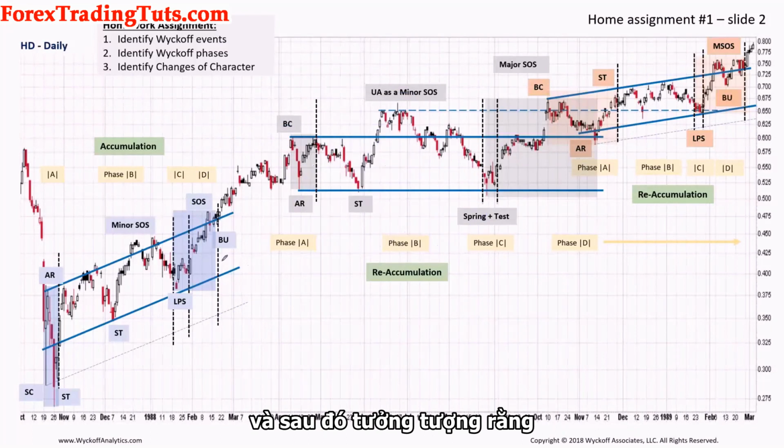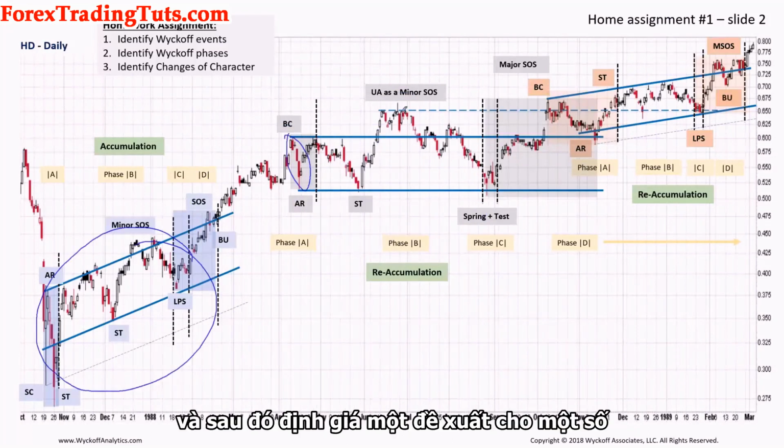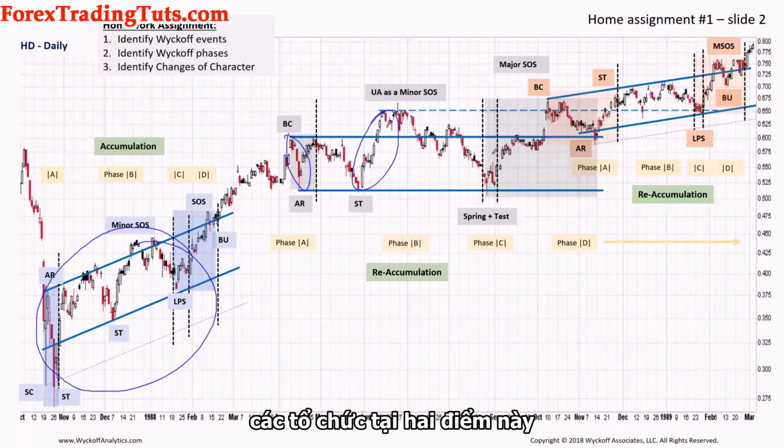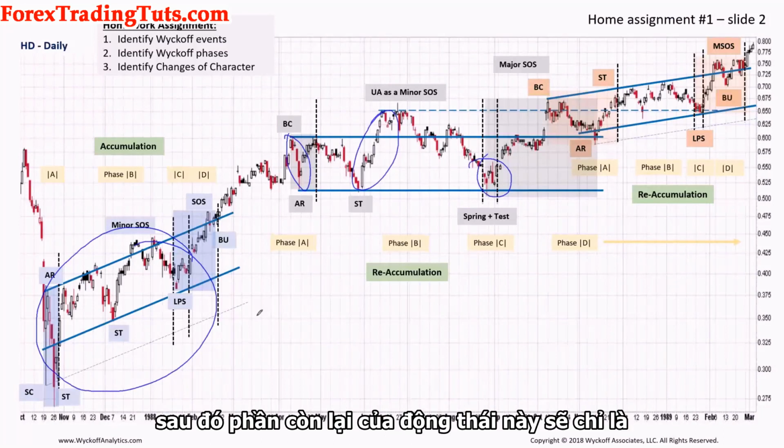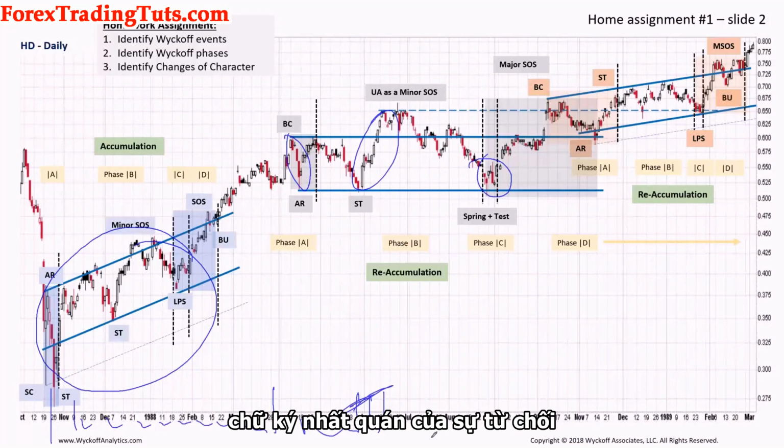And then imagine that CO got in right here, and then a value proposition for some of the institutions at these two spots, maybe somewhere here. Then the rest of this move is just going to have this signature where we're going to still see some consistent signature of the decline, right?